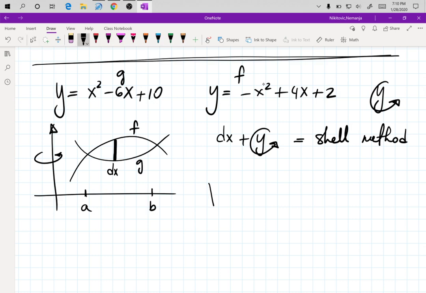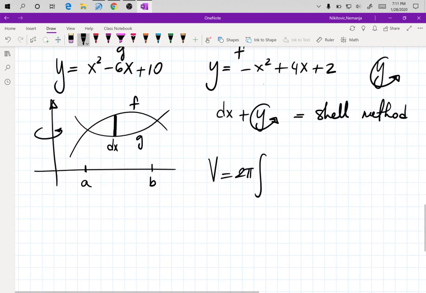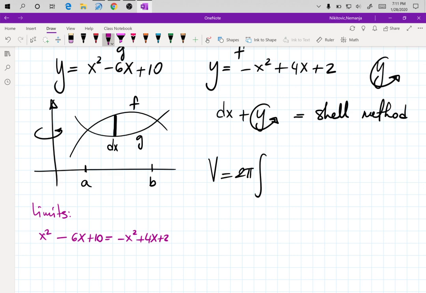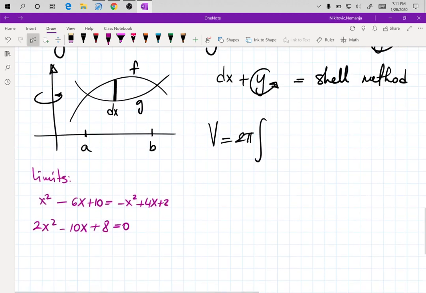Let's go. Volume is 2 pi integral. I don't have the limits. Set these two equal to each other, get the limits. Nothing new. X squared minus 6x plus 10 equals negative x squared plus 4x plus 2. So that's 2x squared minus 10x plus 8 equals 0.